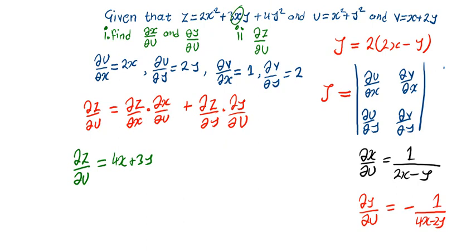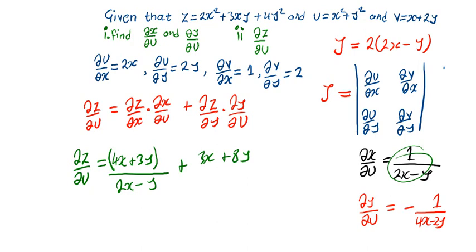Then when you get rid of the x, that's just a 1, so you have 3y. You multiply by partial of x with respect to u, which is this one, so you're just going to divide by 2x minus y. Then plus partial of z with respect to y, so you differentiate z with respect to y, and you get 3x plus 8y.